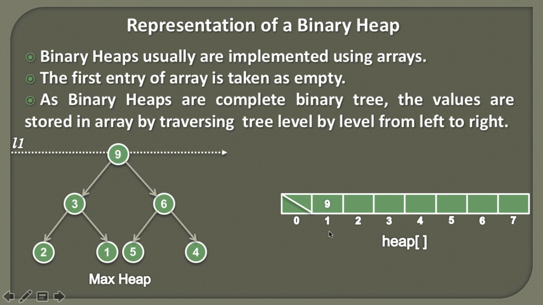Then we go to level 2, and from left to right we first encounter 3, so we store 3 at index 2, and then we encounter 6, so we store it at index 3. Similarly at level 3, from left to right first we encounter 2, so we store 2 at index 4, and similarly the other elements.